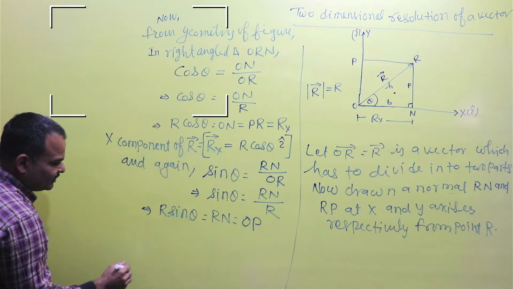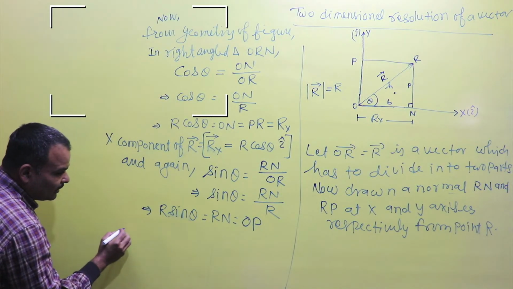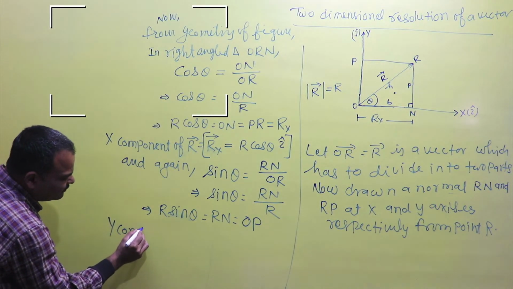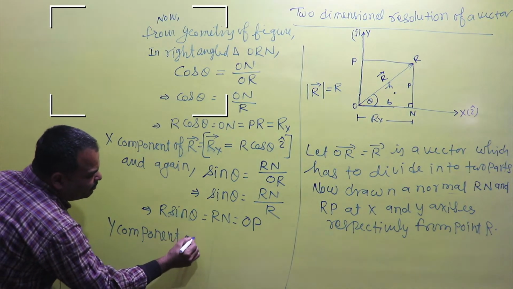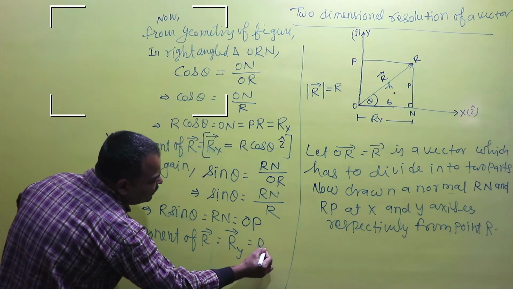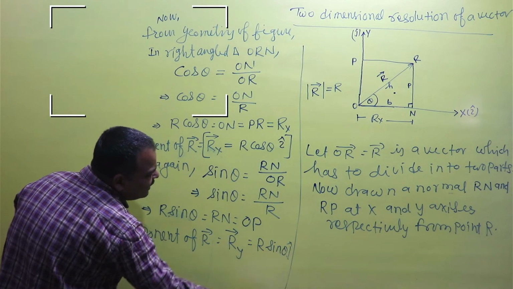So lastly we write that the y component of vector R, this is called Ry, is equal to R sine theta j cap.